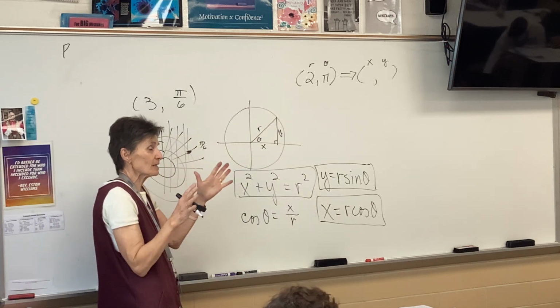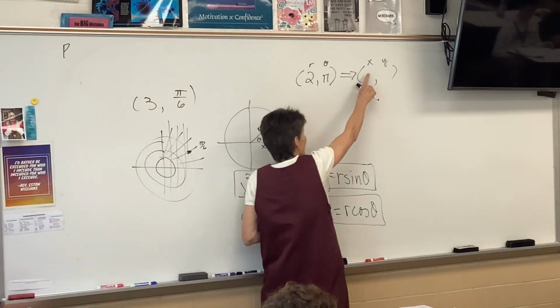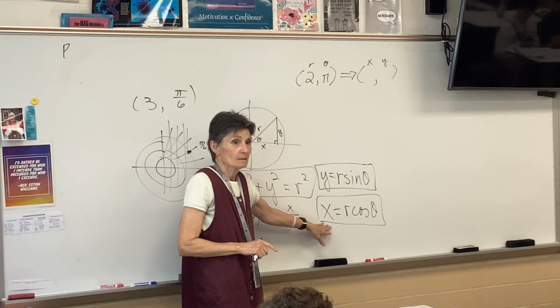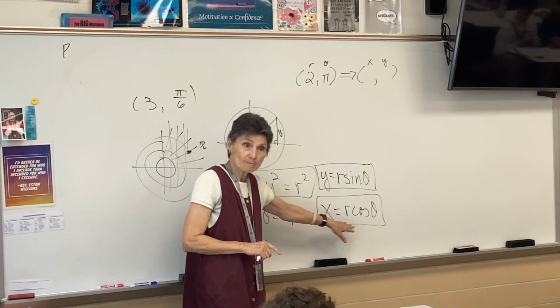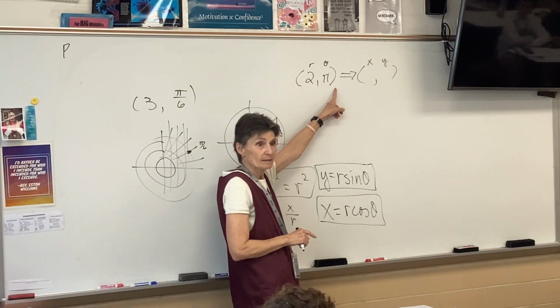Right, now you guys have everything you need. This is easy. We're trying to find x. What do we know about x? It's r times cosine theta.